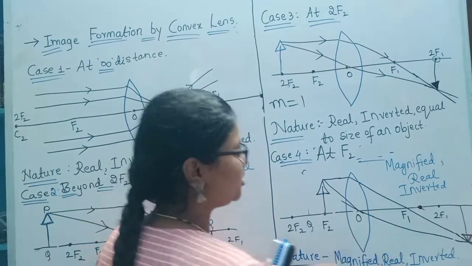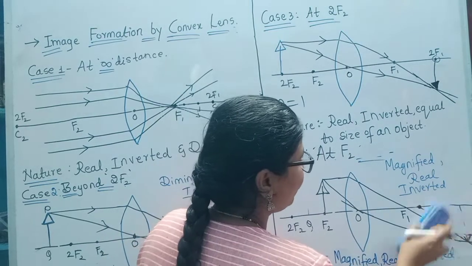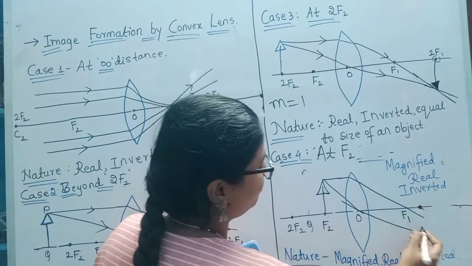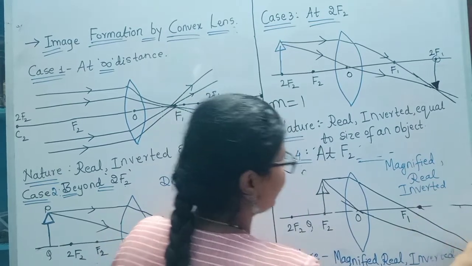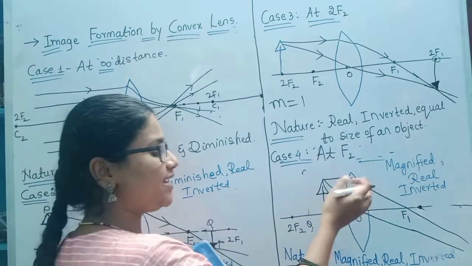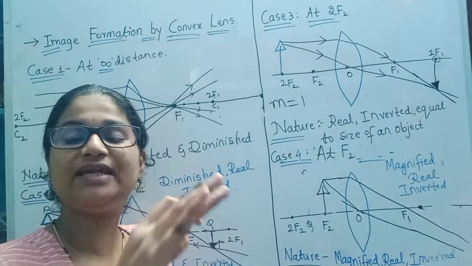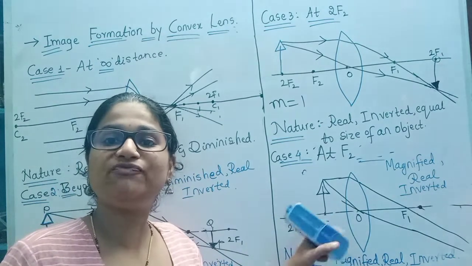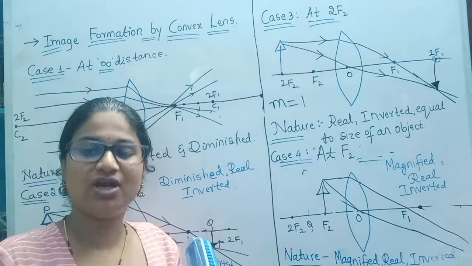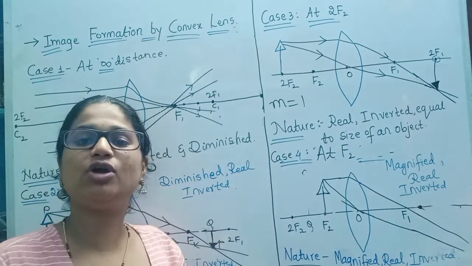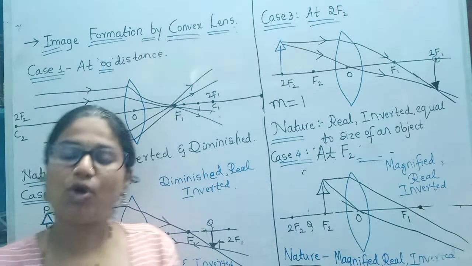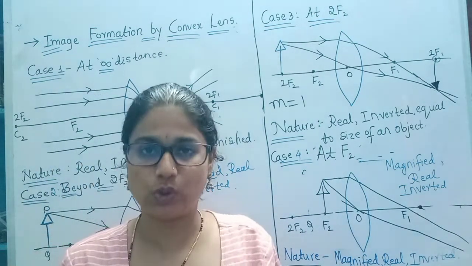Let us consider 2 rays, and when we extend those 2 rays, when the object is placed at the principal focus, the rays will not meet at all. So the image will be formed at infinite distance, which will be magnified, but it will be virtual, which cannot be obtained on the screen. So this is the case when we place an object at the principal focus.